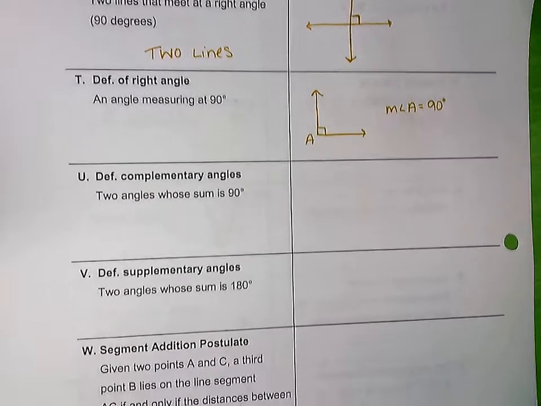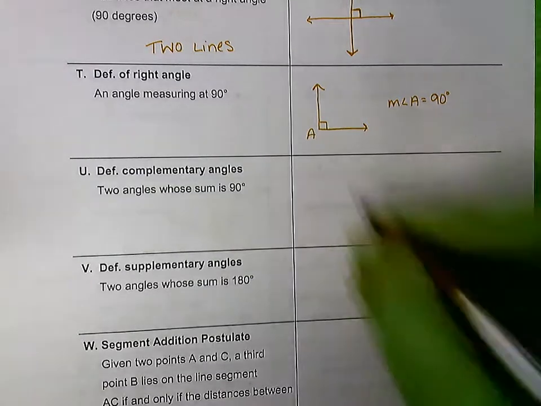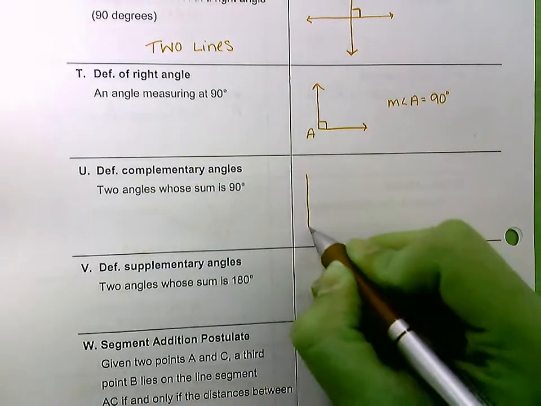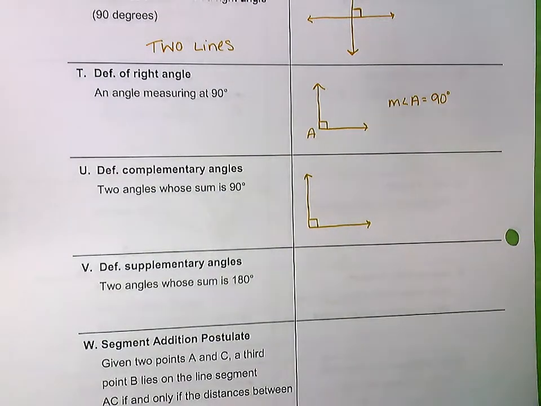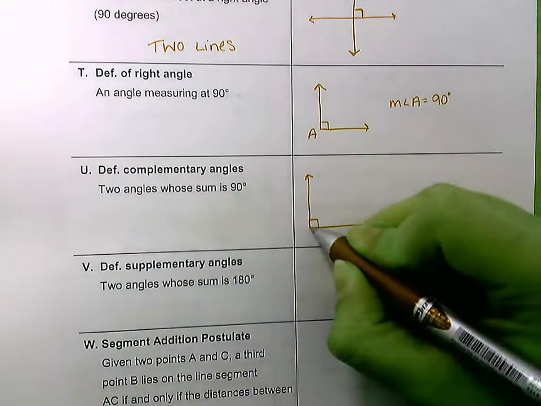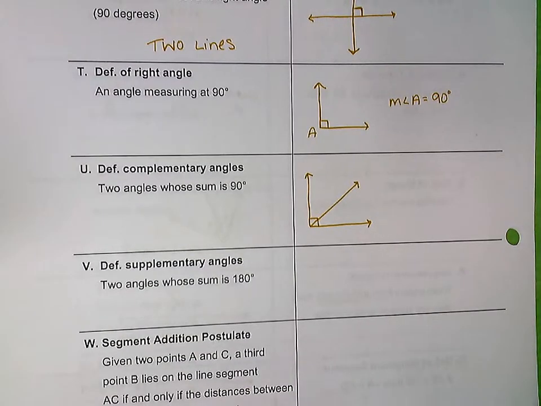The next one is definition of complementary angles. Those are your two angles that sum to 90 degrees. If you're given two angles stated to be complementary, you can add them together and they'll equal 90. So if I have this right angle here, and a ray coming up this way, I have two angles now.